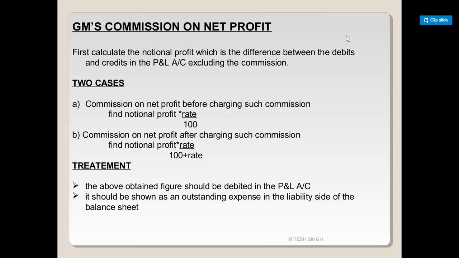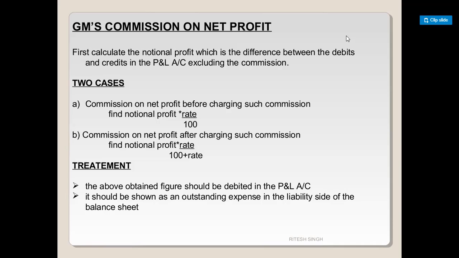First, when it is directly on net profit before charging such commission, to find it, we have to multiply the rate of commission directly on net profit. And when it is after charging such commission, net profit multiplied by rate divided by 100 plus that rate.